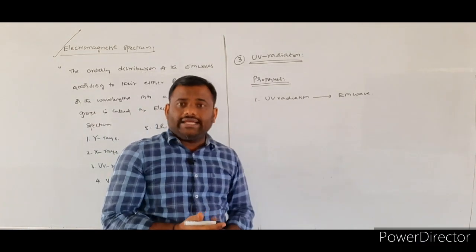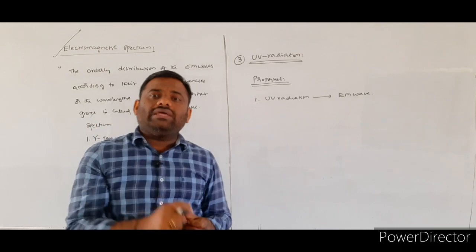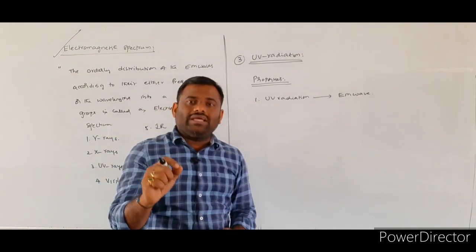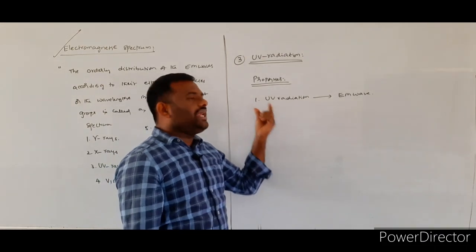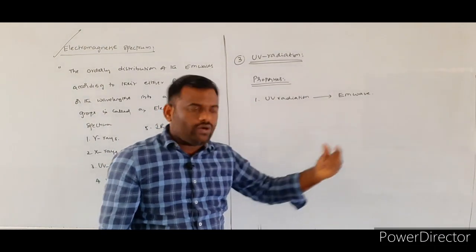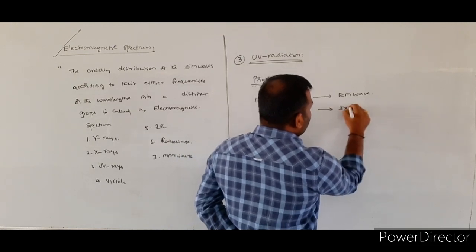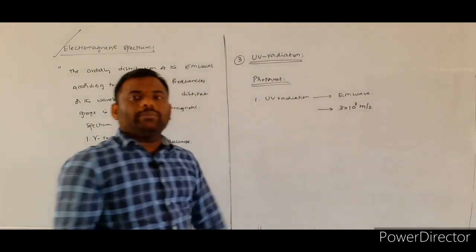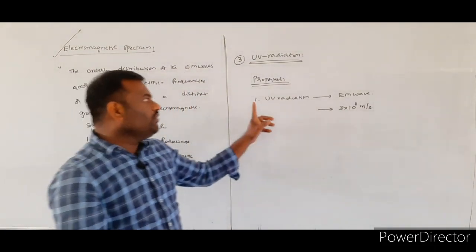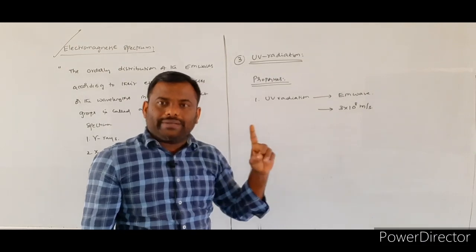In the last class I told that electromagnetic waves travel with the speed of light. So the UV radiation is also traveling with the speed of light, which is given by 3 into 10 power 8 meter per second.